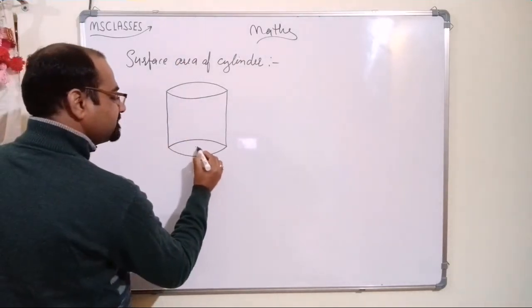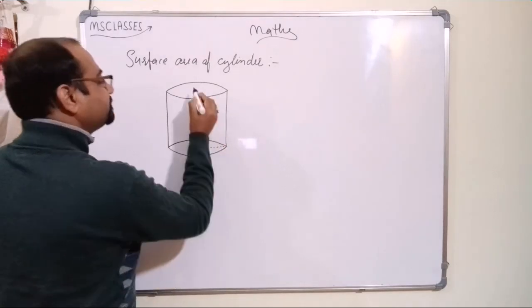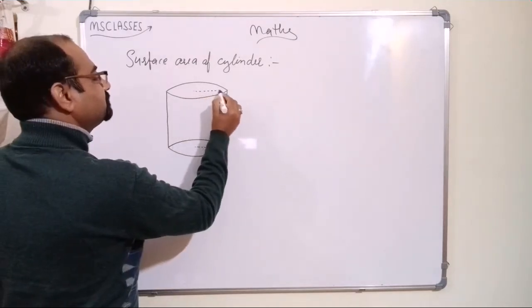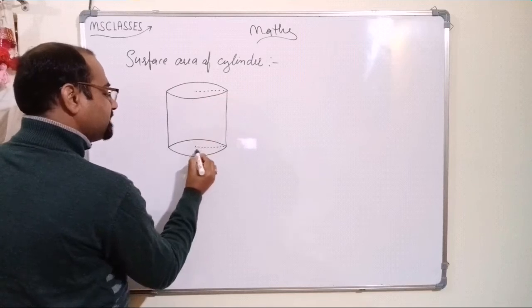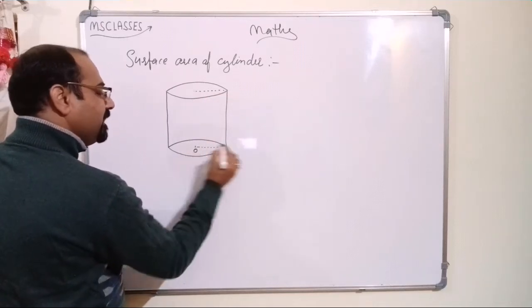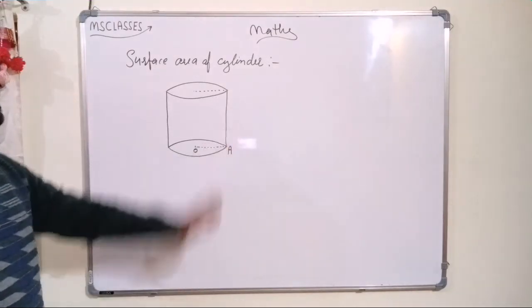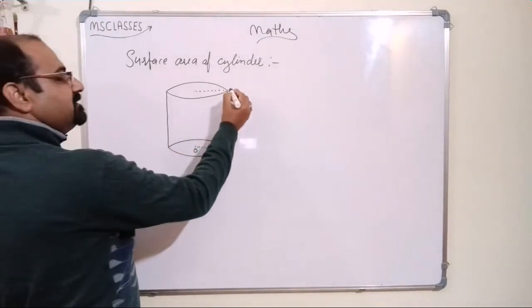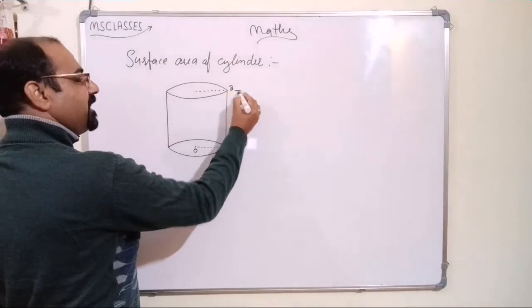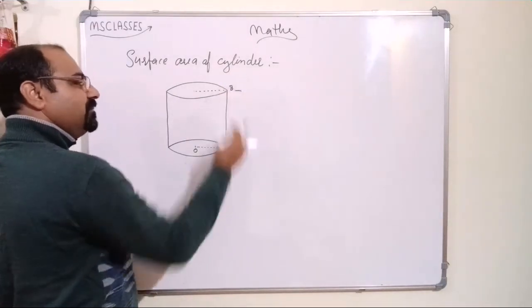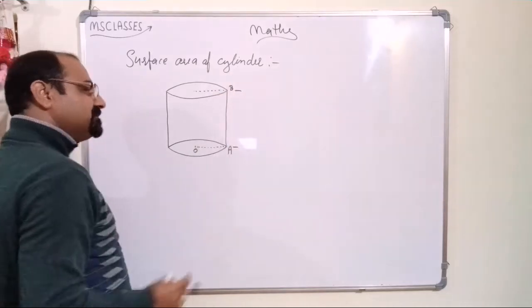So guys, this is the cylinder. This is the center of the circle O, and this is the side of the circle and the edge of the cylinder. This is A and this is B, the other end of the piece of the pipe.